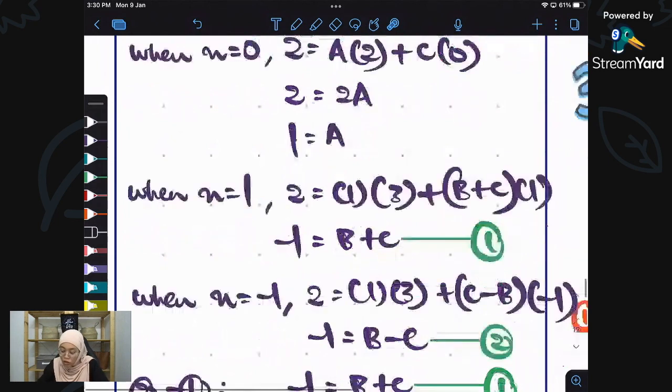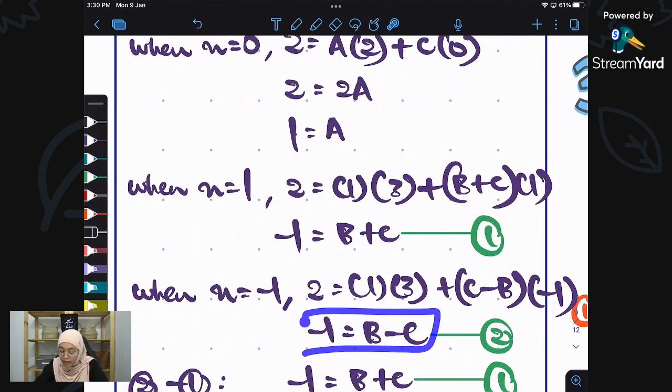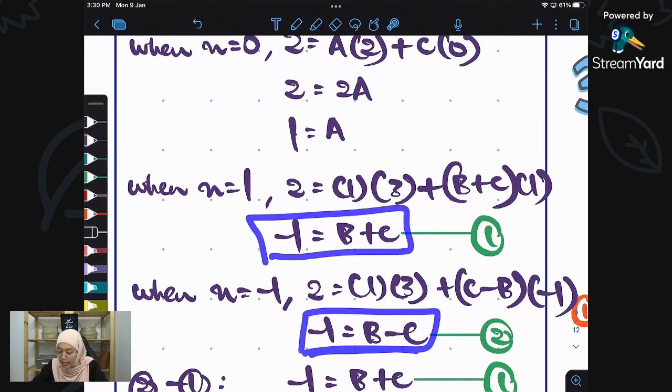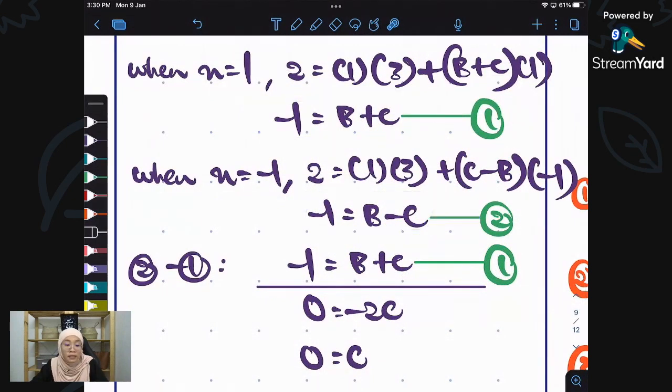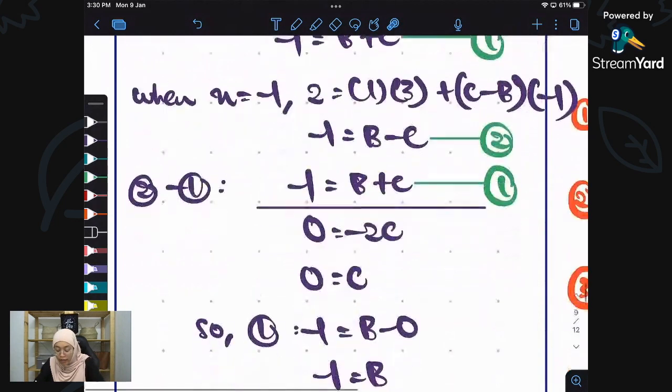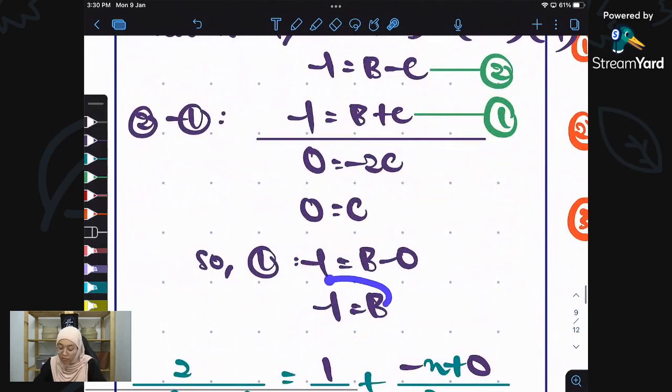I try, and then I got a second equation. The first one I let as number 1 and the second as number 2. Kena letkan dia. Lepas tu barulah saya buat simultaneous equation, and then I got the value of C is 0. After that I got the value of B is equal to -1. And then ta-da, I got everything.